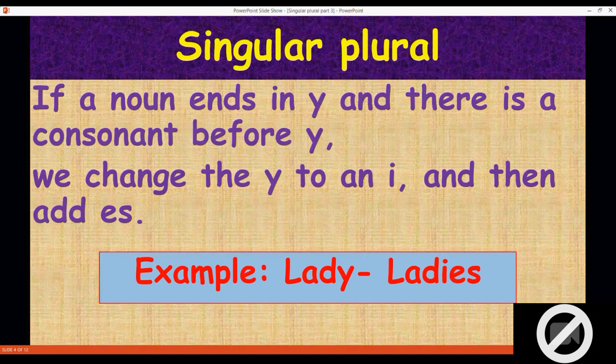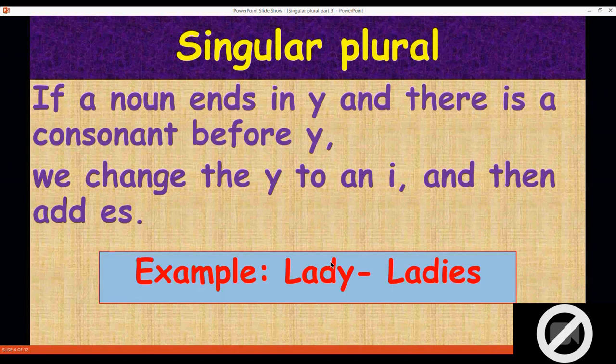Okay, so we are taking away Y because there is a consonant before Y. B, C, D, F, G, H, J, K, L, M, N, P, Q, R, S, T, W, X, Y, Z, all are consonants.